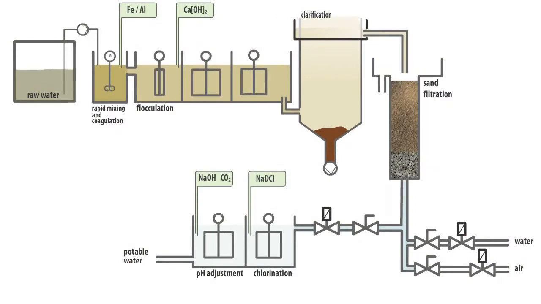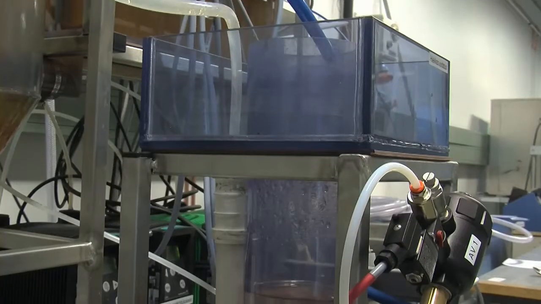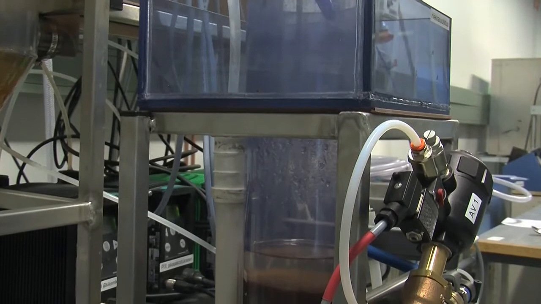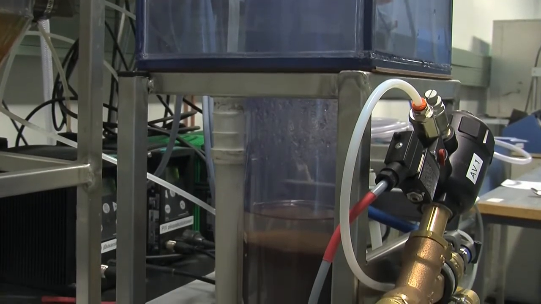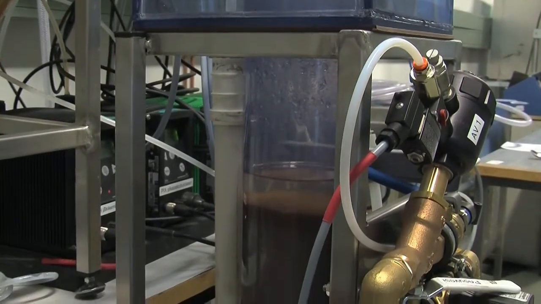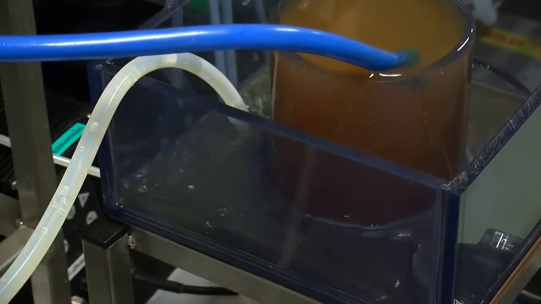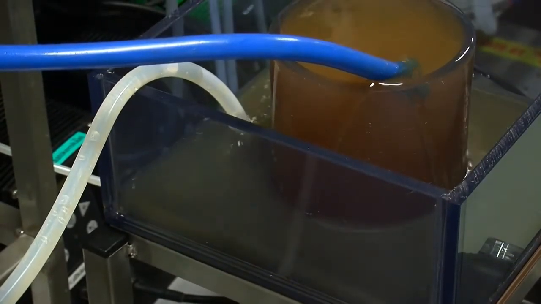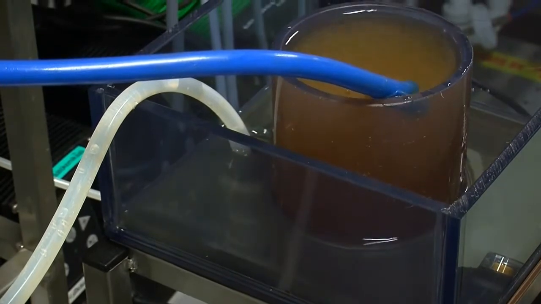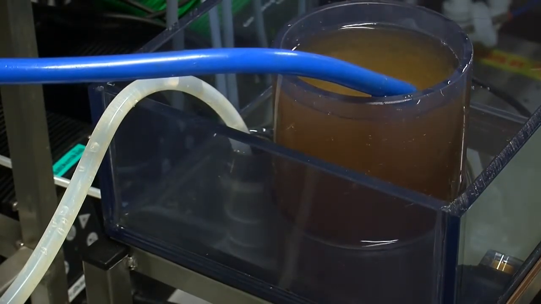The rapid sand filter separates the remaining flocks, that is, those flocks that were not trapped in the clarifier. The sand filter is set to backwash with tap water and air at predetermined times, once every 24 hours.